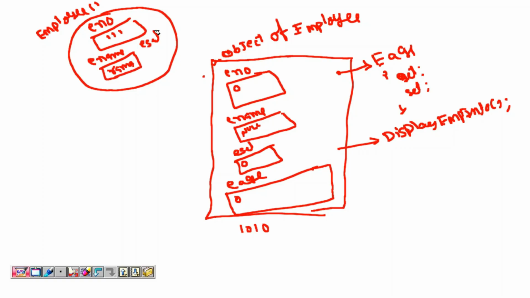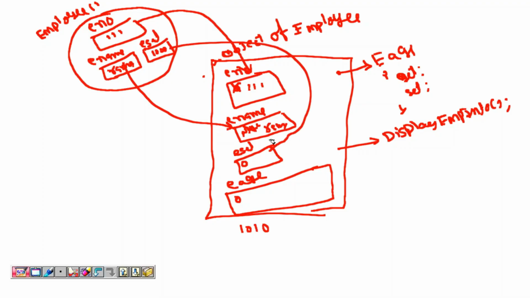Number 3, isal, value 1000. Then eno is assigned to eno, 111, ename to ename, Rama, and isal to isal, 1000.